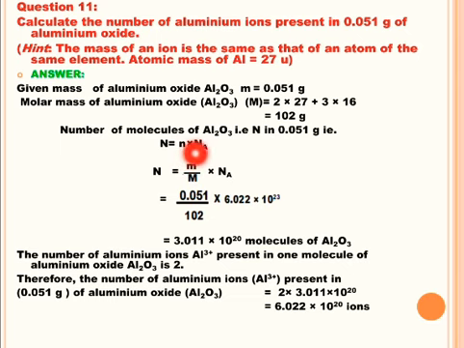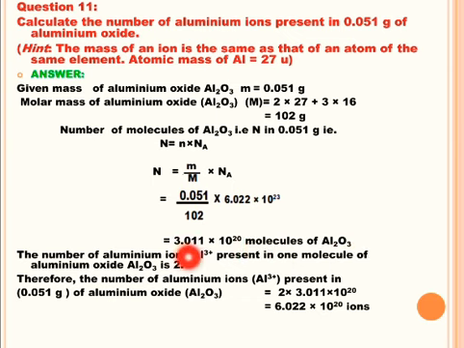So we can calculate the value of small n by this formula small m divided by capital M. So value of small m is given in the statement, that is 0.051, and value of capital M we have calculated as 102 grams. So multiply it with 6.022 into 10 raised to power 23. Do the calculations in your notebook, and the value of this N comes out to be 3.011 into 10 raised to power 23 molecules of aluminium oxide.